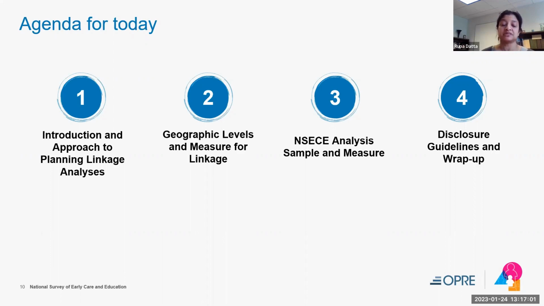Level 2 restricted use data are further restricted, and all of the geographic identifiers, starting with state and down, are all available only in the level 2 environment. So we will be talking about what those disclosure guidelines are and how they might be relevant for your planning of your analysis.